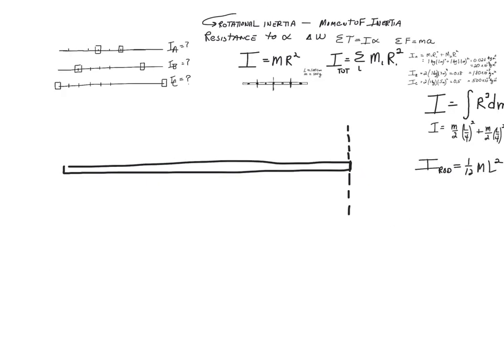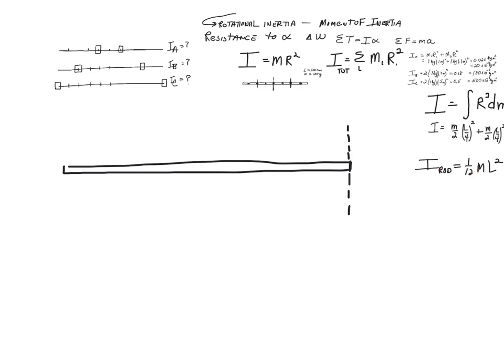Okay, one more thing, and then you'll be ready for the entire assignment. So back to our rod. We use calculus to find out that the rotational inertia of a rod is 1/12 ml squared. So as long as we know the mass and the length, we can calculate its rotational inertia.